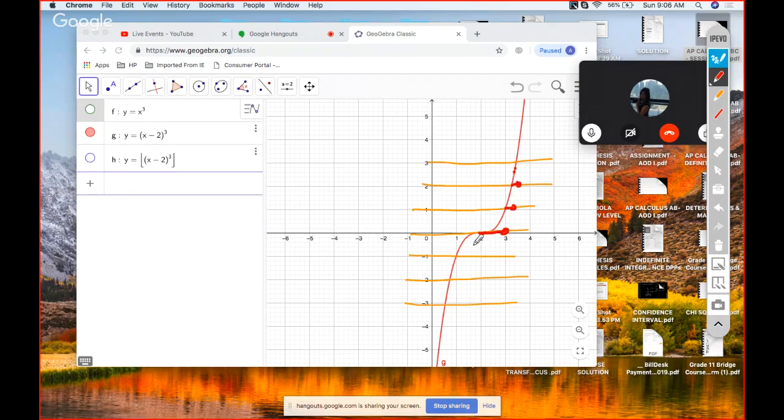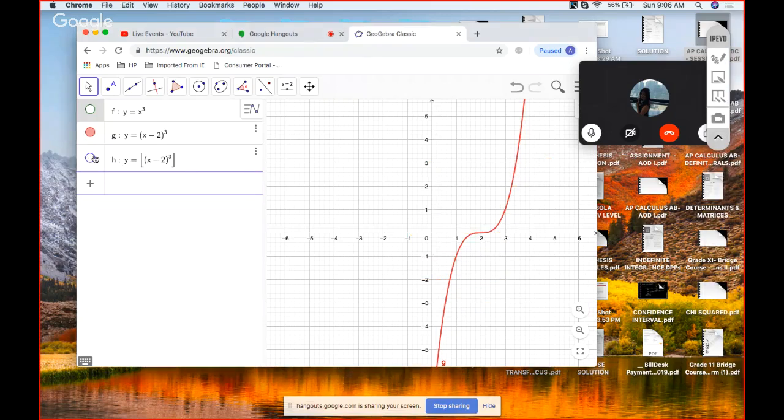So the ladder length would become smaller and smaller. It will start falling like this. That is how you get the graph for this.